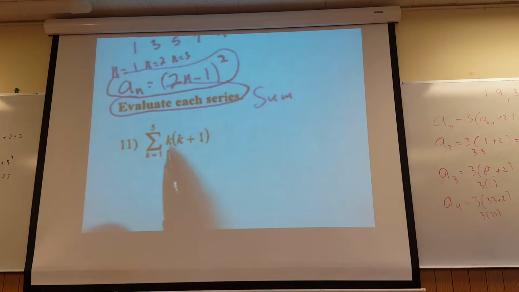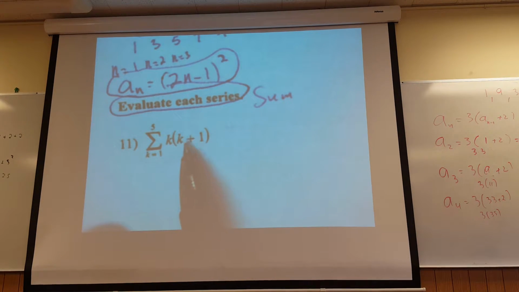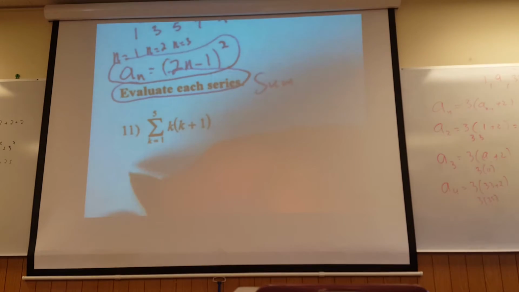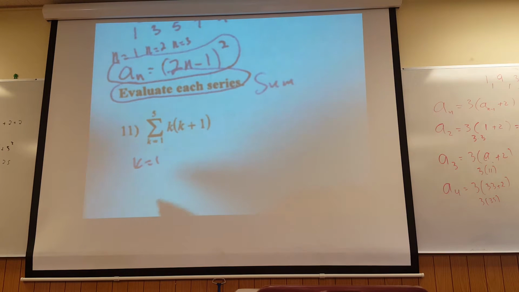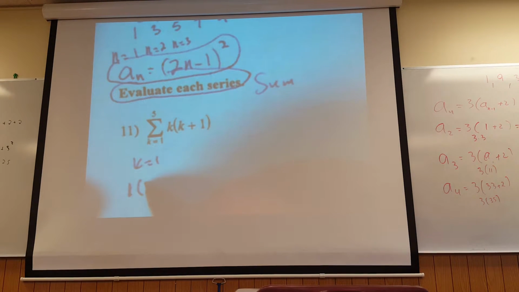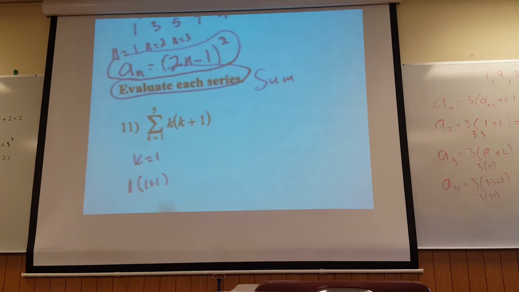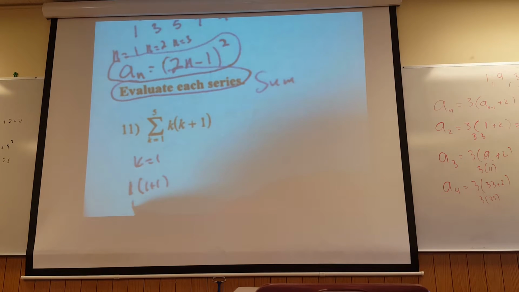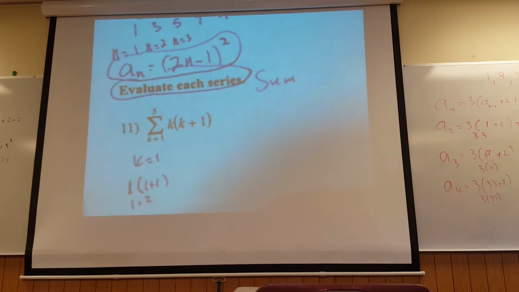And the formula is k times k plus 1. And we start when k equals 1. So when k equals 1, we get 1 times 1 plus 1. Okay? Remember, there's your formula. K is 1. And so that's going to be 1 times 2, which is 2.